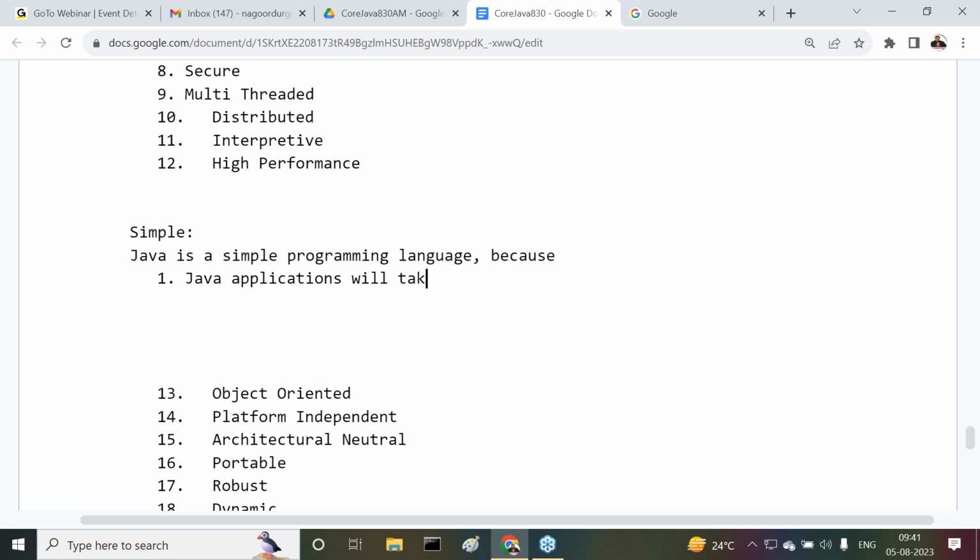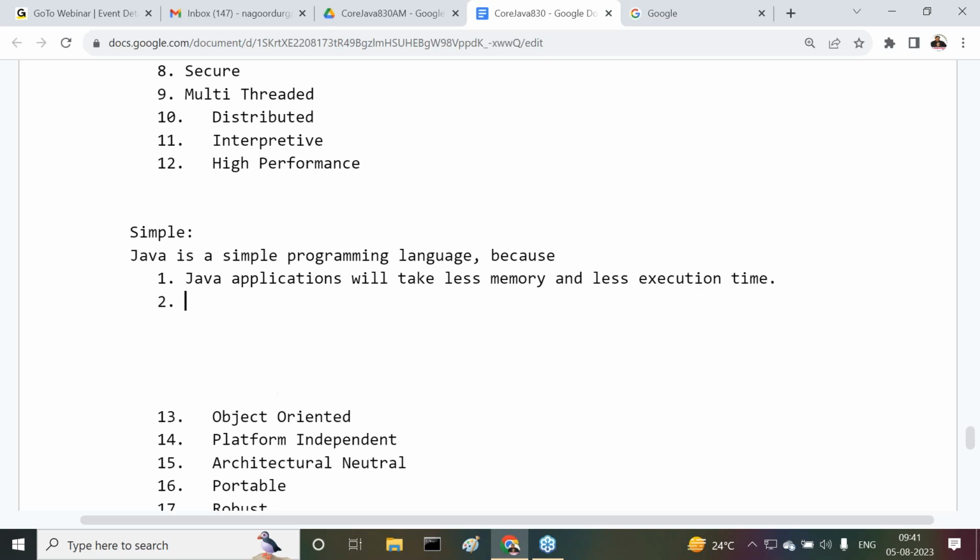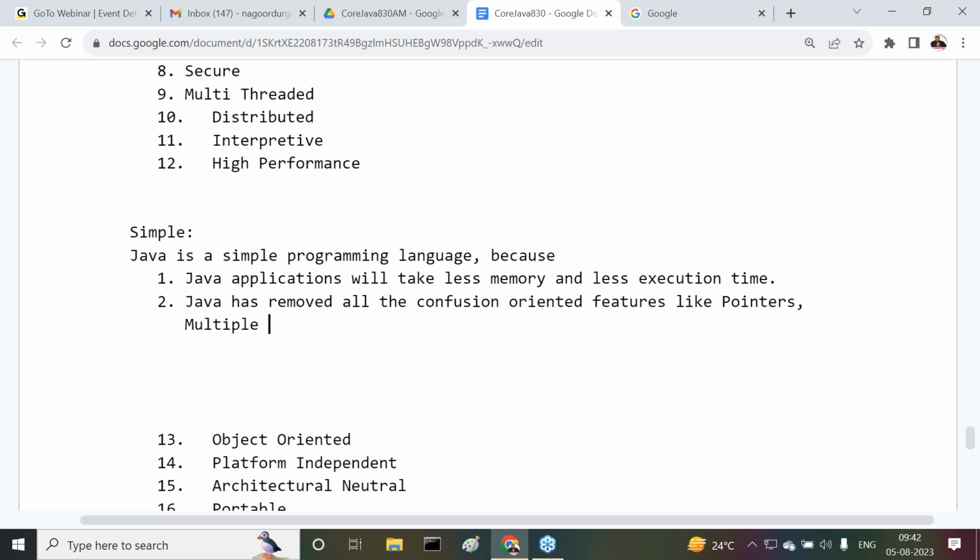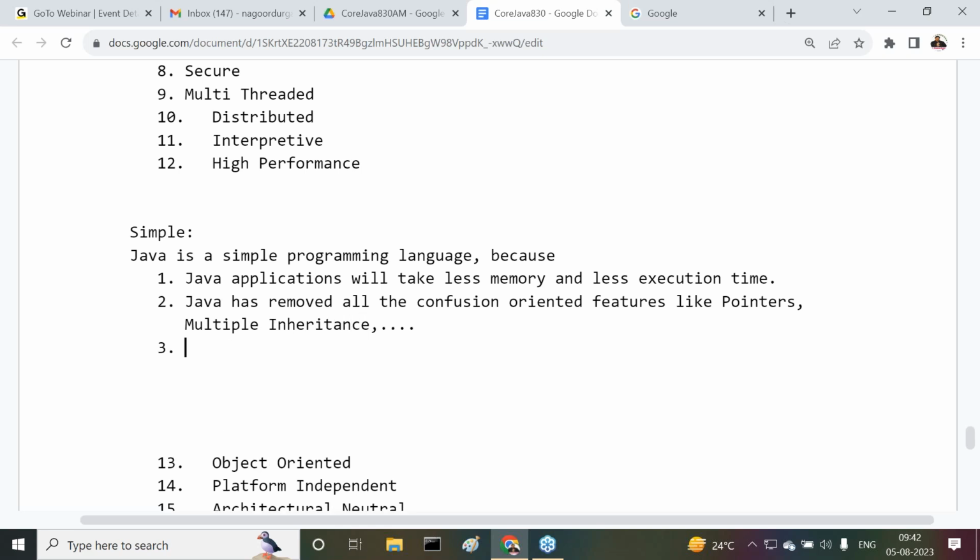Java applications will take less memory and less execution time. Java has removed all the confusion-oriented features like pointers, multiple inheritance, and so on. You are already aware of it.